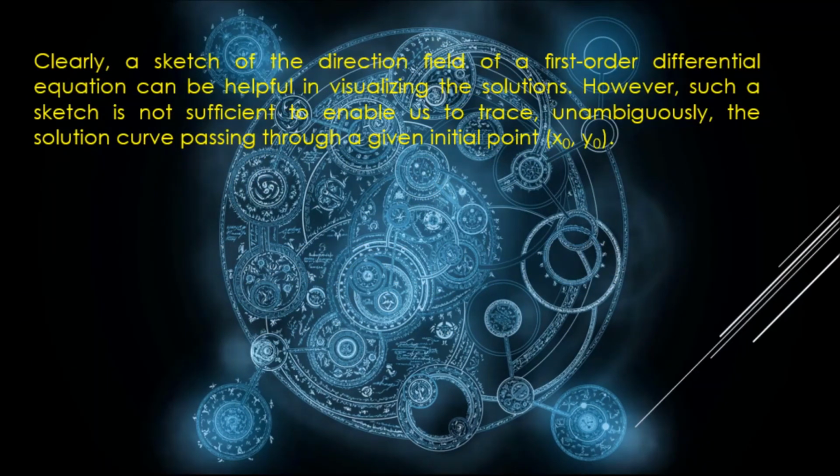Clearly, a sketch of the direction field of a first-order differential equation can be helpful in visualizing the solutions. However, such a sketch is not sufficient to enable us to trace unambiguously the solution curve passing through a given initial point (x₀, y₀).